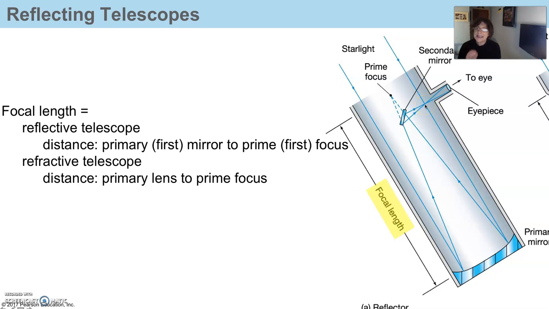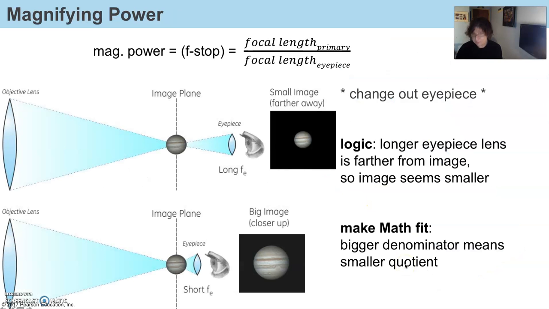So you can see here now that there are actually two focal lengths in this Newtonian telescope. There is this initial focal length, and there's a focal length that is between the eyepiece and the focus right here. So there are two focal lengths here, and this comes into play when we talk about magnifying power.